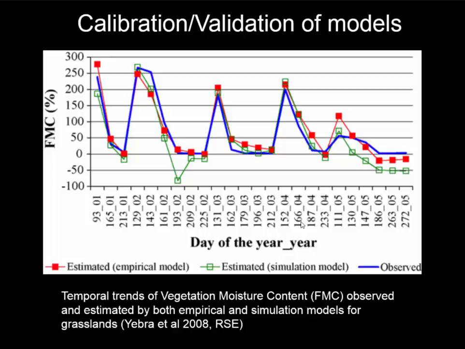So this is very important because you can see how well your model does. You can see, for example, here that the simulating model highly underestimates the value, whereas here the empirical model highly overestimates. So this is the use we make of the field data when it comes to remote sensing models.